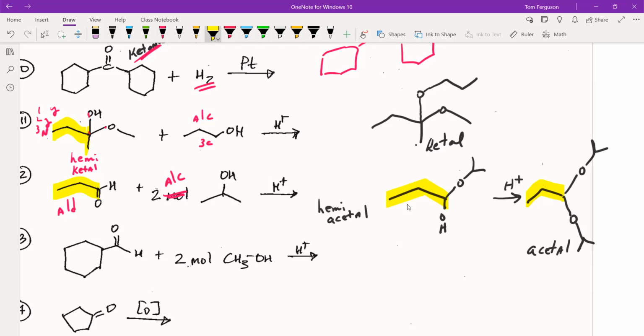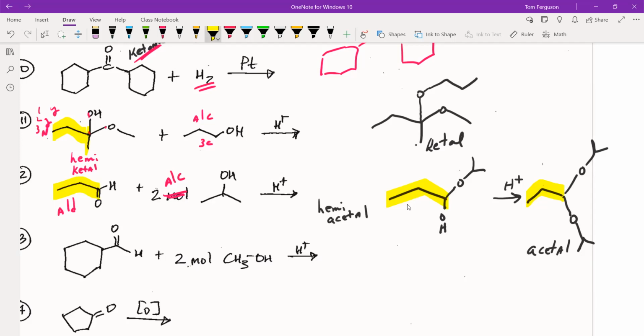So it's up to the instructor as to whether they want to differentiate between the ketals and acetals. I like to differentiate because as soon as you say ketal, the origin is a ketone. But if you didn't have the distinction, you wouldn't know whether it originated from an aldehyde or ketone based on your naming. So that's why I do both of them.